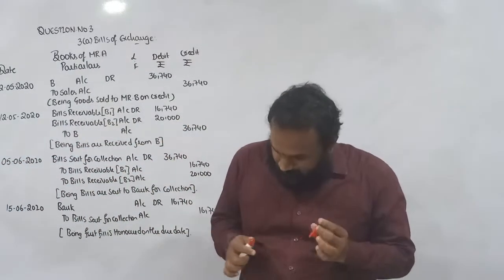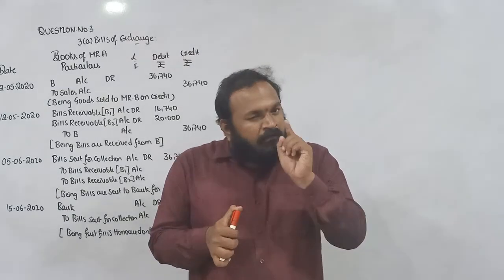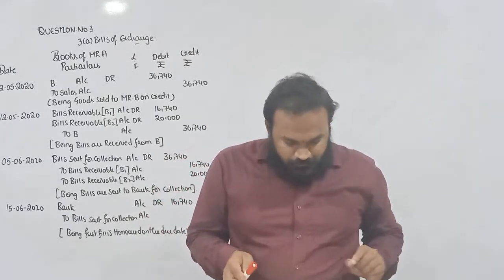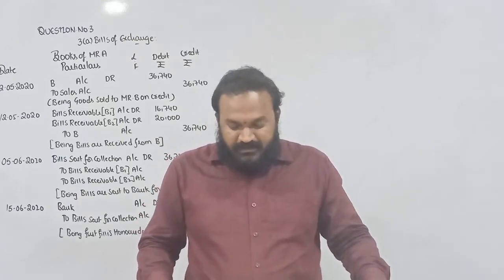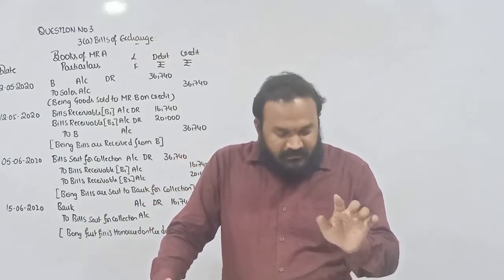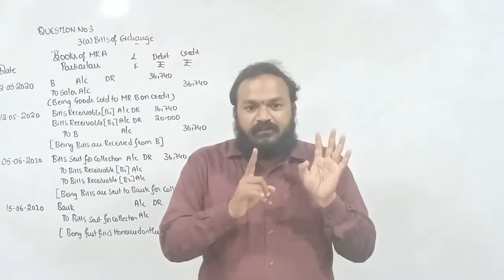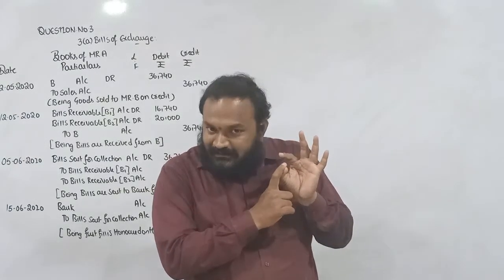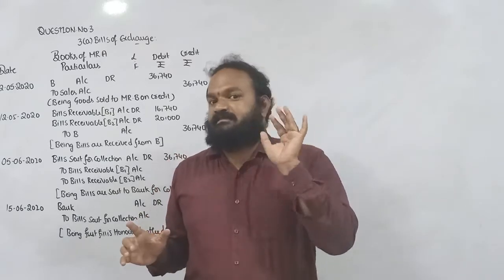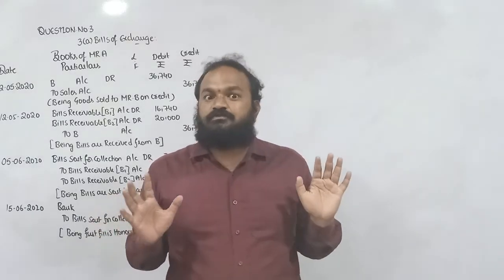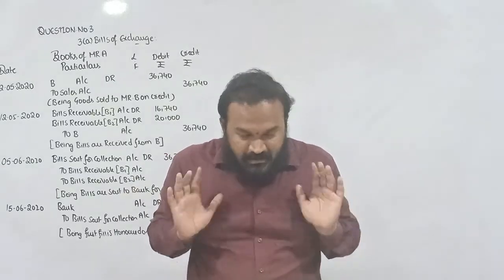Now see, boys and girls, what is the amount of the second bill? 20,000. On the due date, what is the due date? 12th May, 12th June, 12th July, 12th August plus 3 grace days. 15th August is the due date for the second bill.